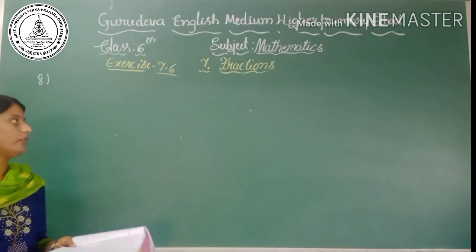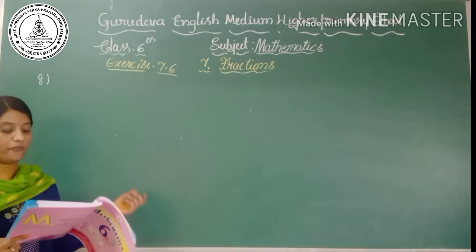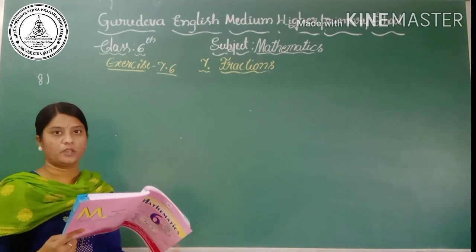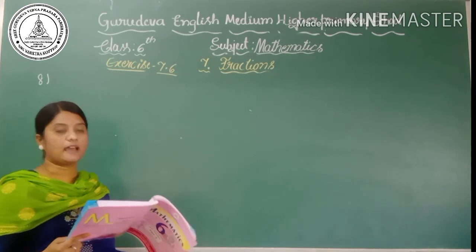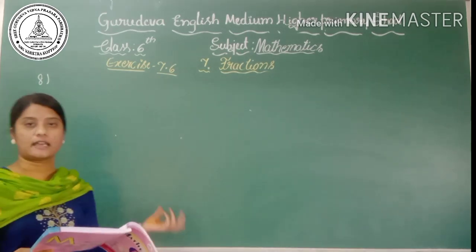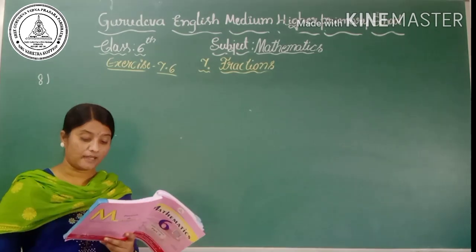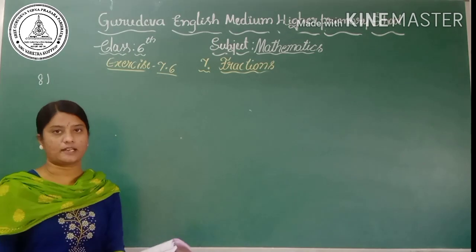So we have to compare these two fractions and say which shelf is filled more. First, write the given fractions and make them into like fractions, compare both fractions, and say whose bookshelf is more full by what fraction.